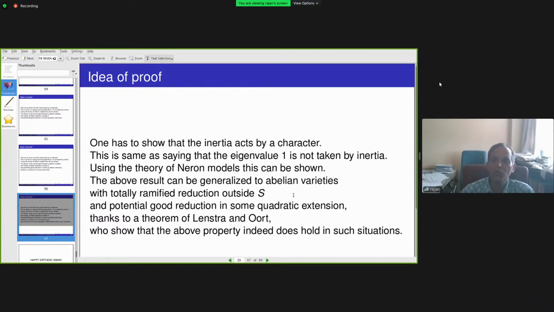Once you use the theorem that the eigenvalue 1 is not taken, then you know that the inertia has to act by a character, and then our theorem applies. So we do say that if you have abelian varieties which have good reduction in a quadratic extension outside the primes lying outside S, then there are only finitely many up to twist. So that is all that I have to say in today's talk.